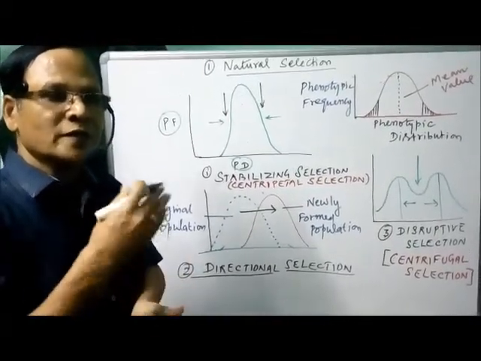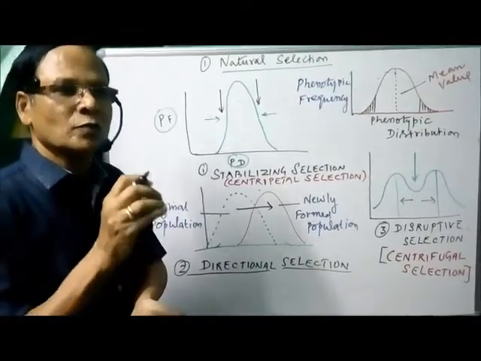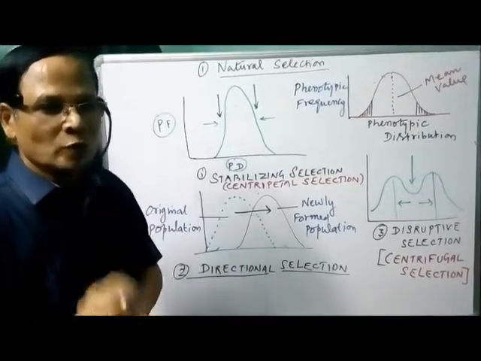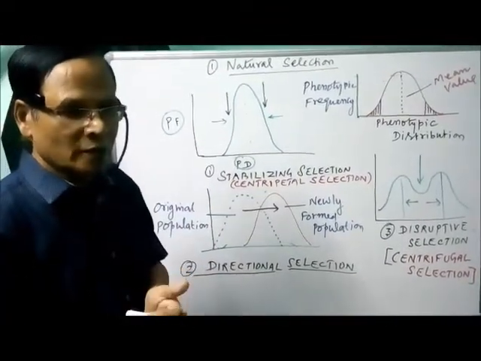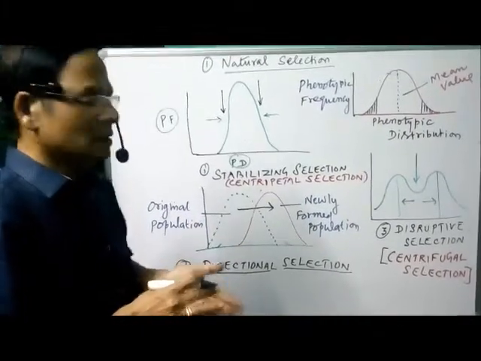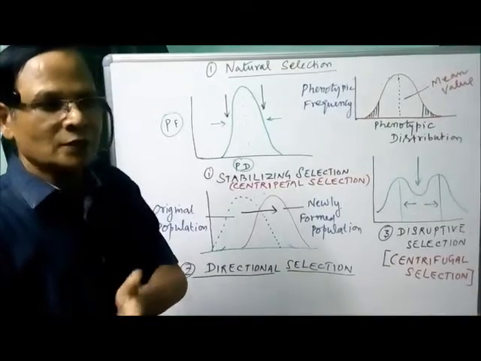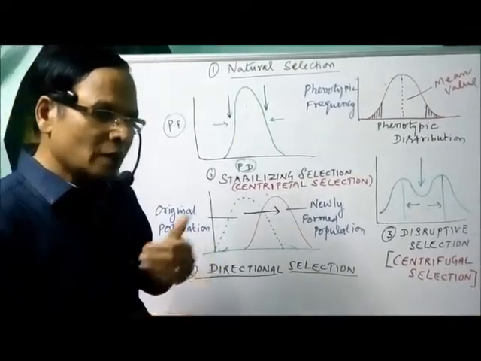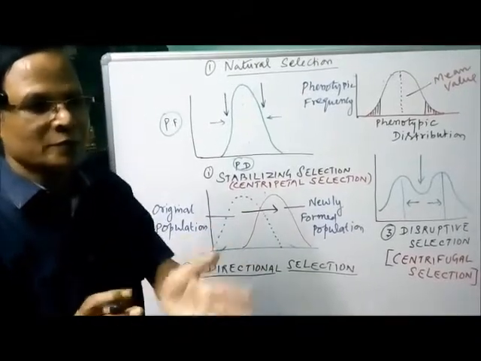So, many factors are operating together at once, or only one factor is operating and causes change in allelic frequency. In one case, two factors; in another case, only one factor causes a change in allelic frequency. So a number of mechanisms are operating together at the same time.